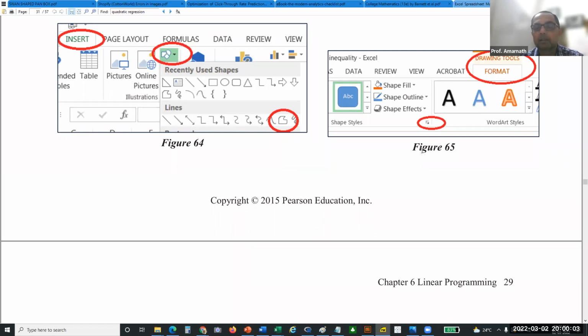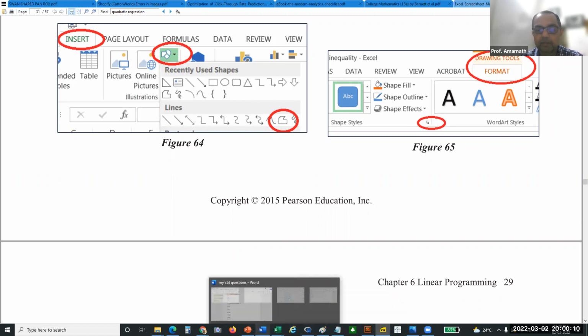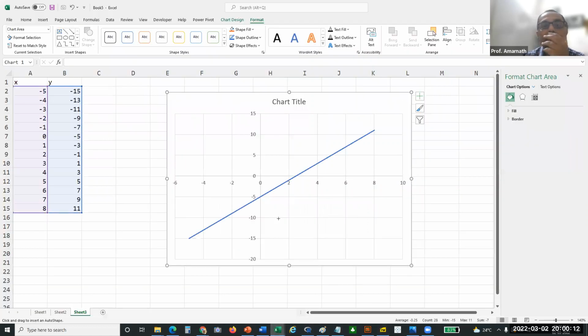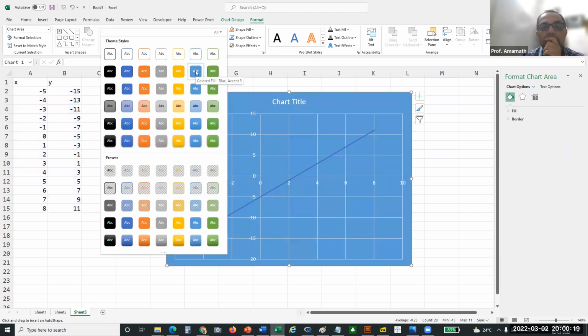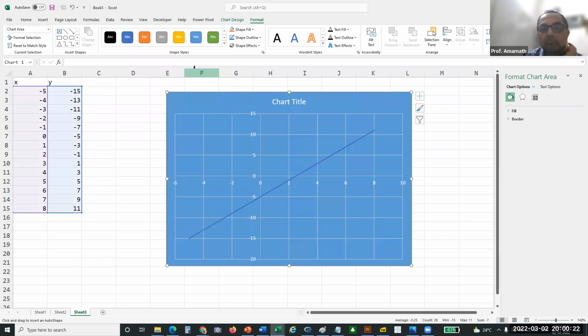Okay, I think shape style also I should take it. Okay, let me see. Now press on this thing.